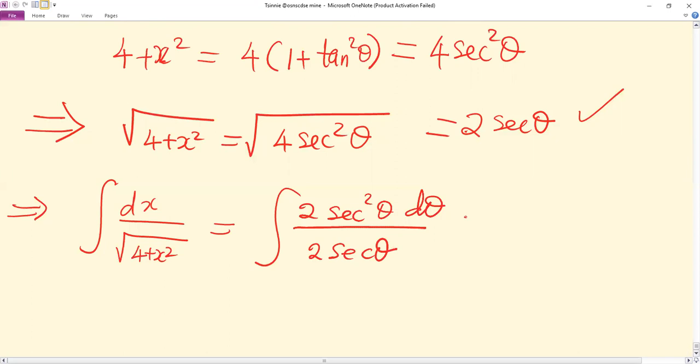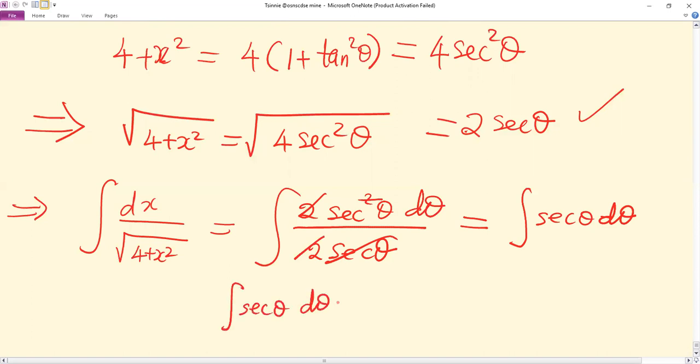And you see, by definition, 2 and 2 cancel out, and then this goes. So we'll have the integral of sec theta d theta. And by definition, the integral of sec theta d theta is nothing but ln of sec theta plus tan theta, then plus a constant of integration c.